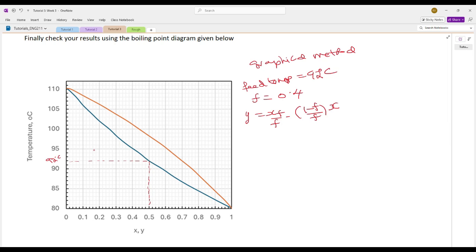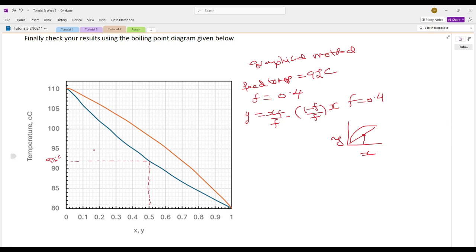If you substitute f equal to 0.4 and take the slope, you may need TXY data, you may need XY data as well, to solve that problem. So from x and y, we know that the mole fraction of the more volatile component in the feed is 0.5.